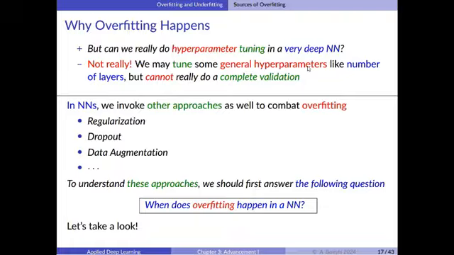And the important question is when does overfitting happen, and it's the key question to know better about the approaches that we want to talk about for mitigating overfitting.